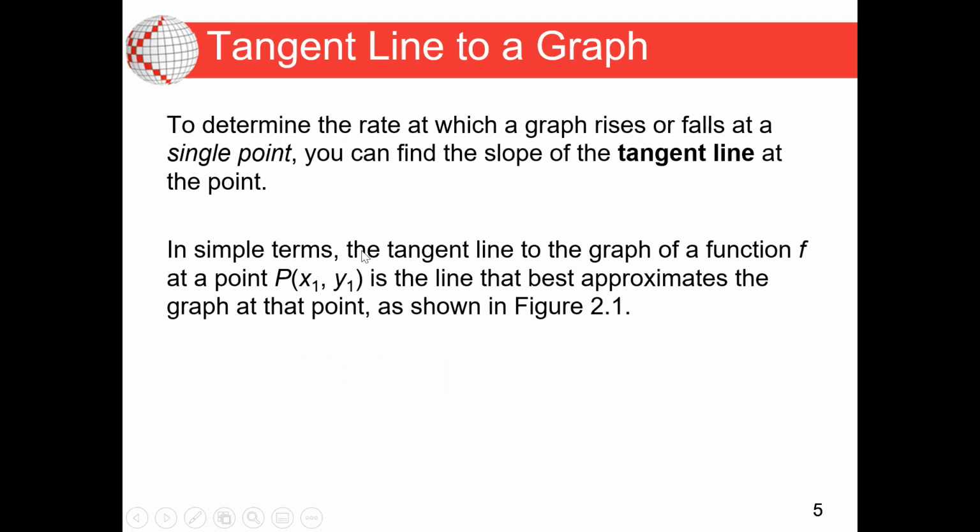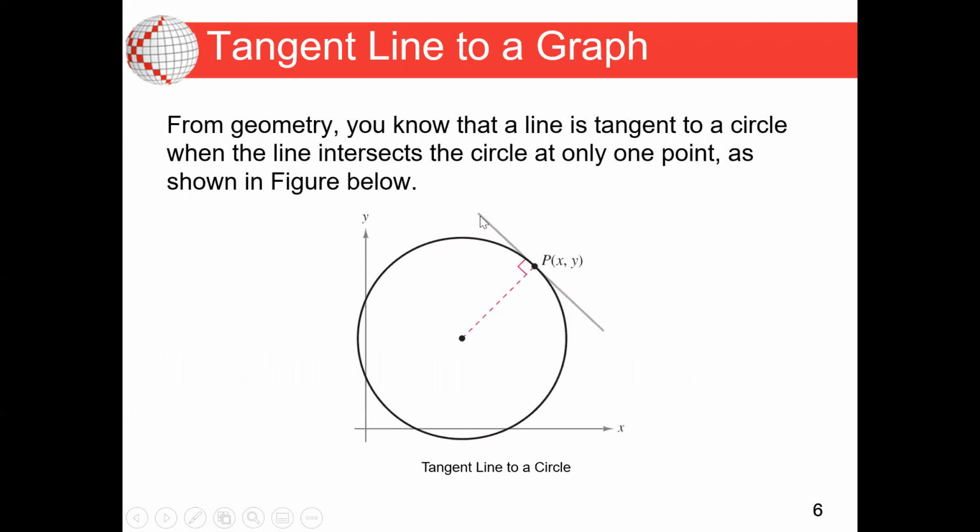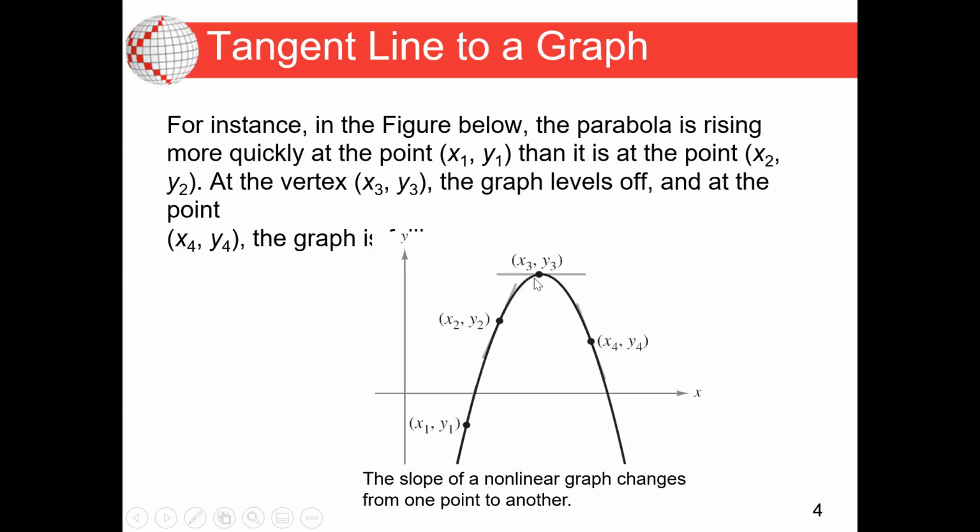So a good example here, a straight line that touches a nonlinear graph once is called a tangent line. From geometry, we know that a line is tangent to a circle when the line intersects the circle at only one point. And previously, in the same example, the straight lines are tangent to the graph because they touch the graph only once.